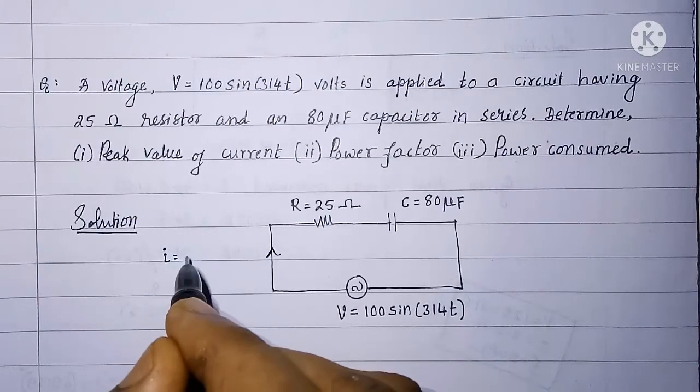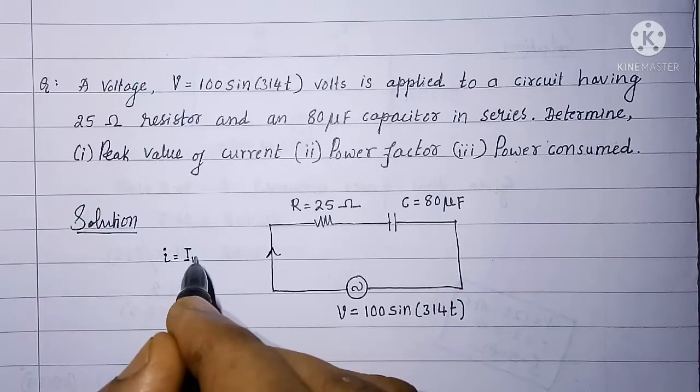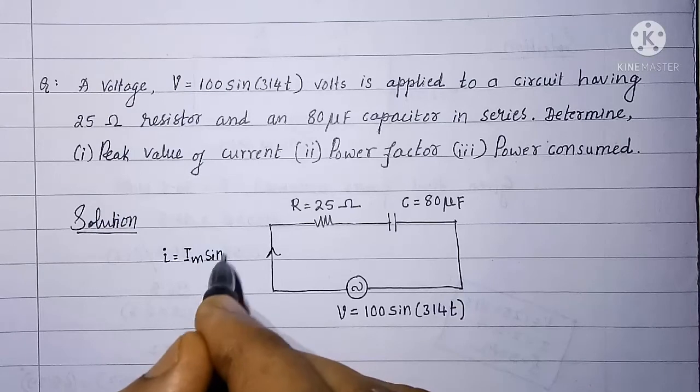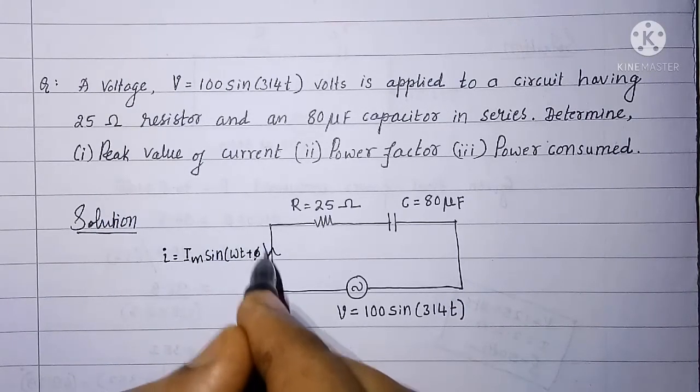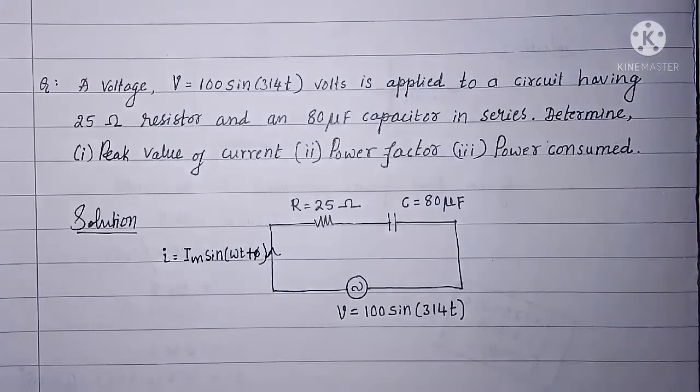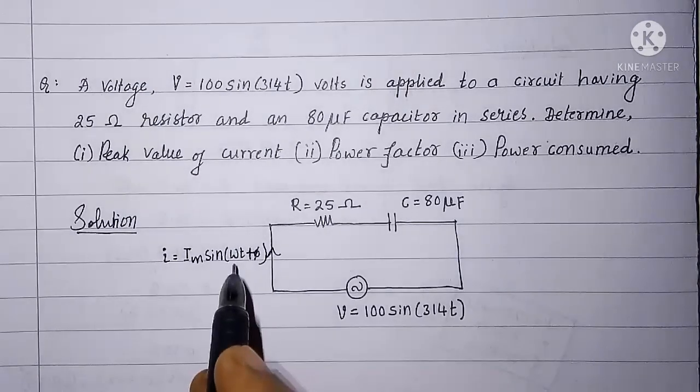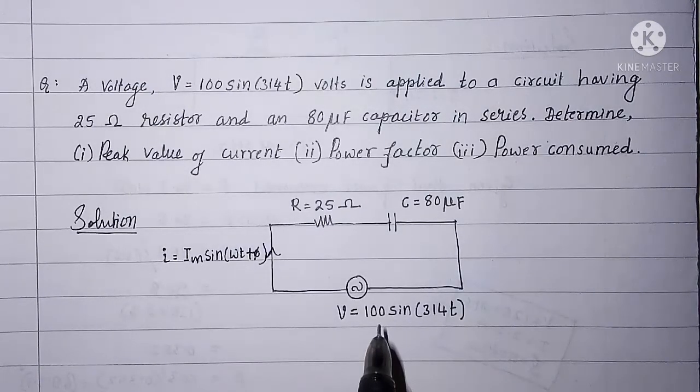For this circuit we can write I equal to Im sine of omega t plus phi, because in an RC series circuit current leads supply voltage.